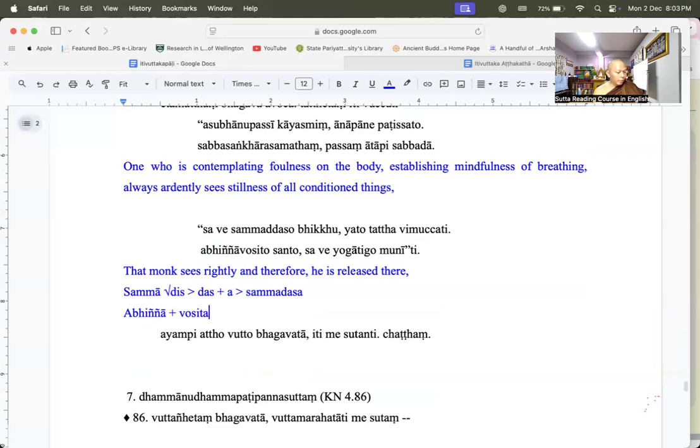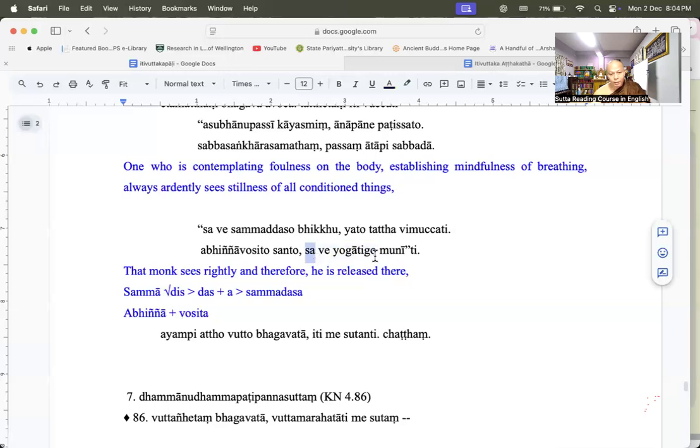In this way it can be abhinna vosito santo, sabba yoga atiko muni.